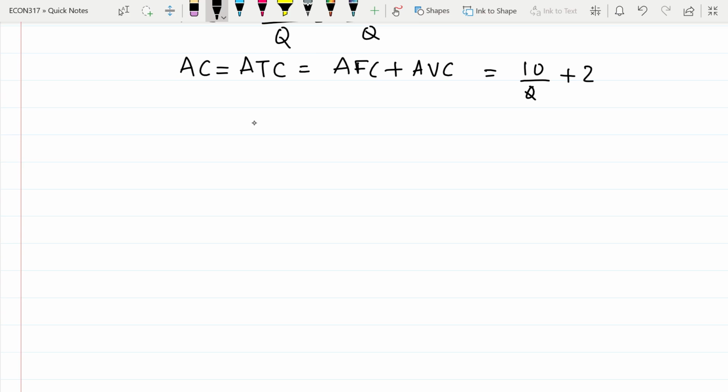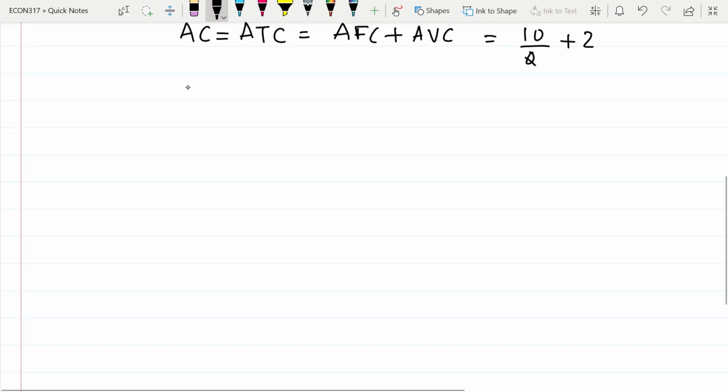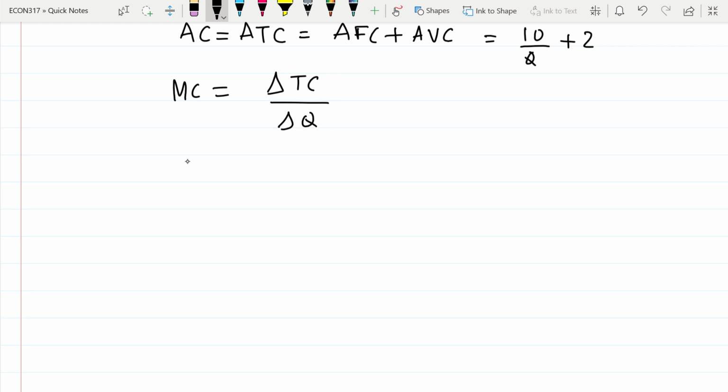At this point, we will also like to compute the marginal cost. The marginal cost is the change in total cost when I change the output by a small amount. So I write it as the change in total cost when I change output by this amount.